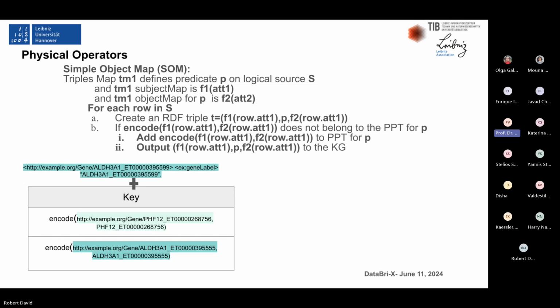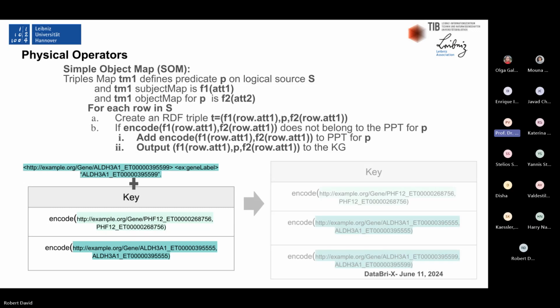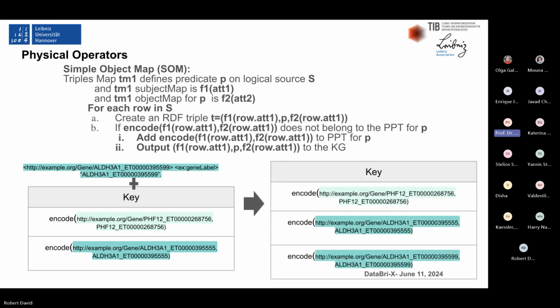We execute, for example, in this case, the data set S, and we have the triple map that has the subject and the object, and by using this operator, we are able to generate new triples and avoid that the triples that are repeated or duplicated are generated more than once.